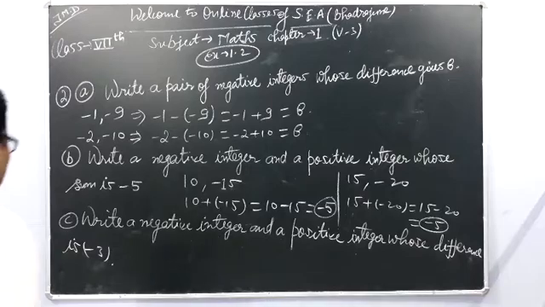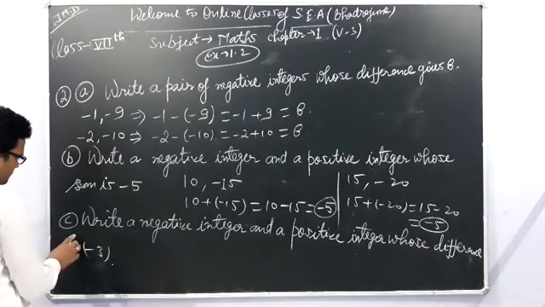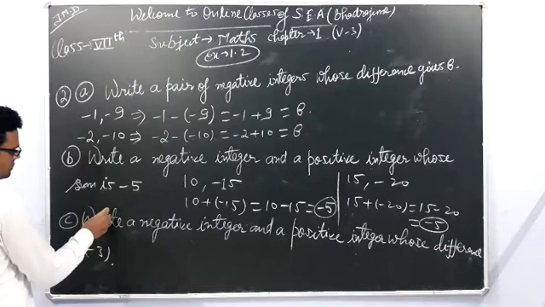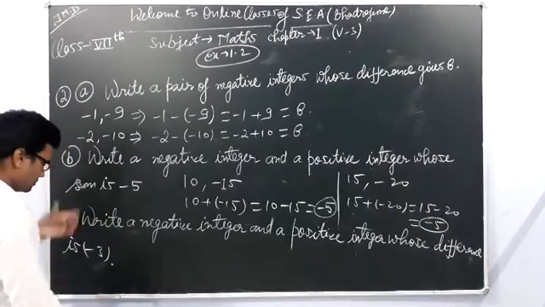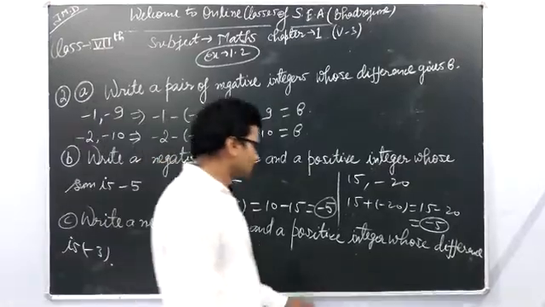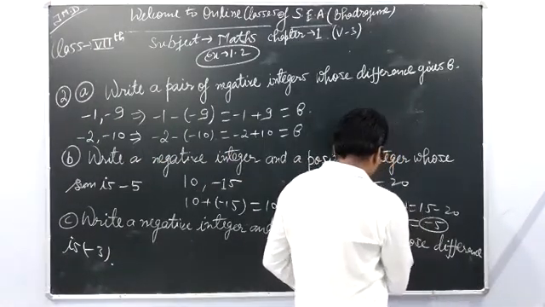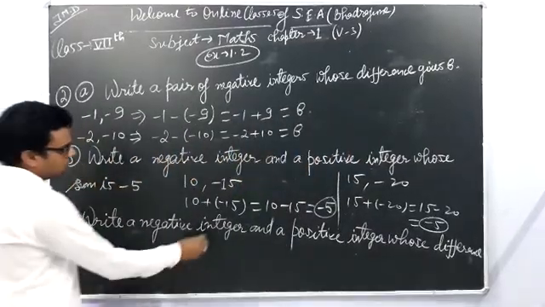We have to write a negative integer and a positive integer so that their difference is minus 3.